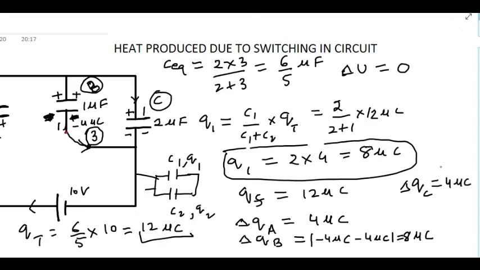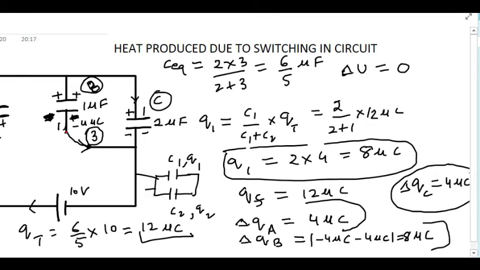So we have calculated the changes in charges. This is the first change, and there is another change with this capacitor and this capacitor. There are 3 capacitors. So I will take the next slide to discuss it.